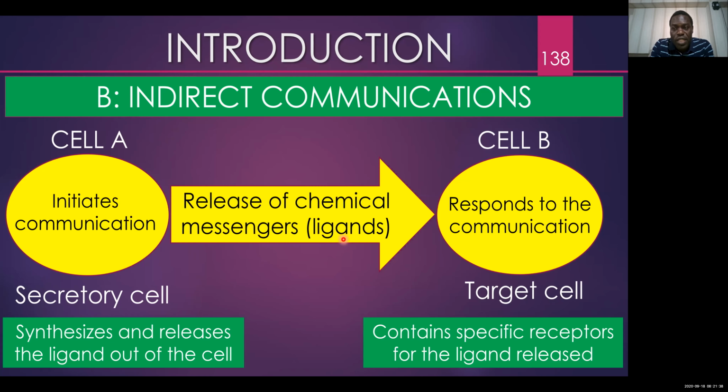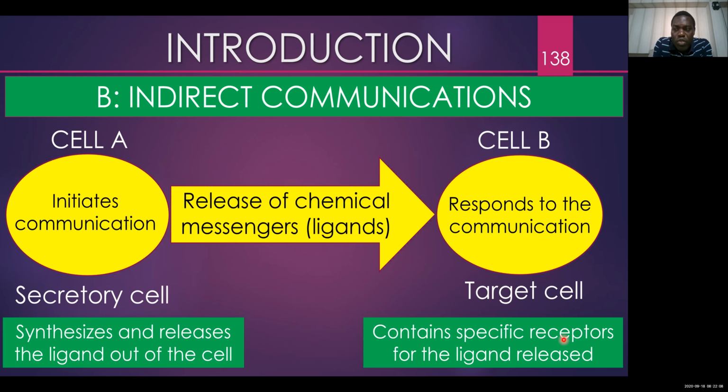Those chemical messengers travel through different mechanisms until they reach the target cell. Now, what is unique about the target cell is that it contains receptors. Those receptors could be on the cell membrane or could be within the cell itself, inside. Either way, the target cell contains receptors for that particular ligand.